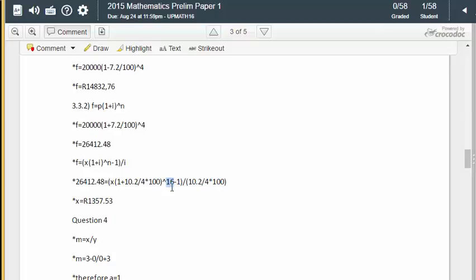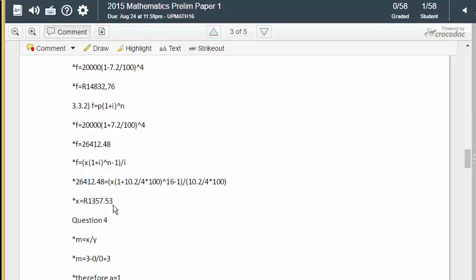Because it's 16 payments, because there's one made every quarter and there's 4 years, so it's 4 times 4 is 16. I just wanted to mention that let's say we started saving immediately, this should have been a 17, because then instead of 16 payments we would have made one right now as well, and so there would have been 17 payments.